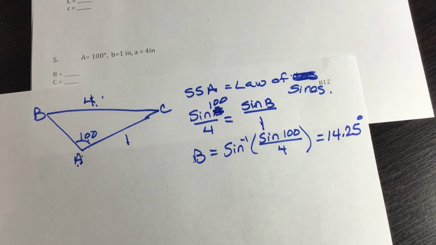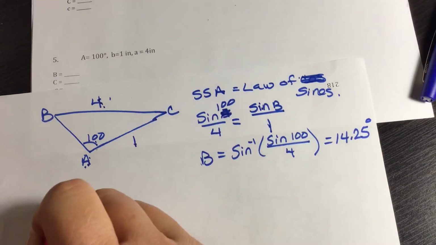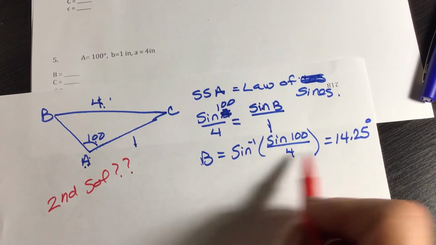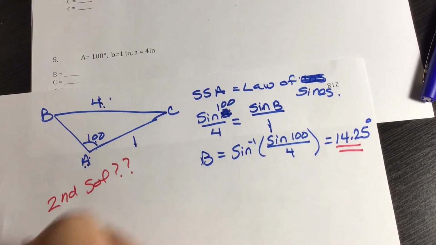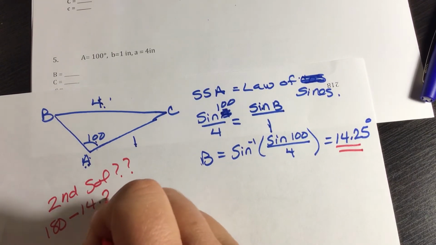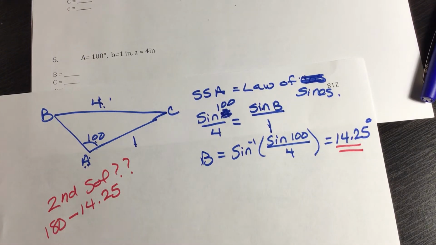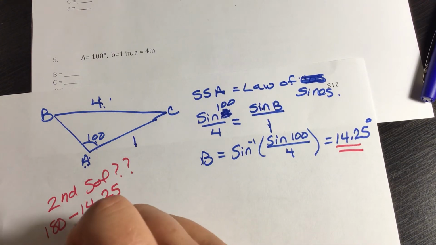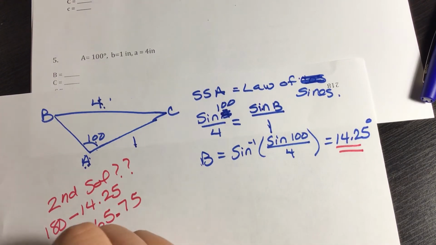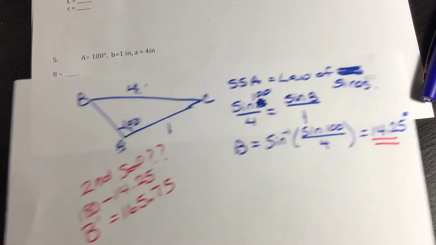All right, so here it is again. I need to check for that second solution. So the second solution would be the supplement of this. So if I take 180 and I subtract 14.25, I get 165.75. So that would be B prime.